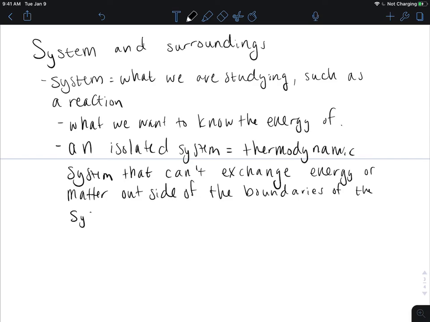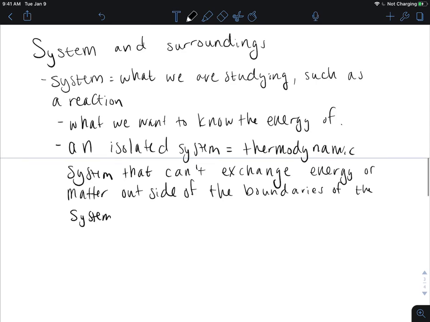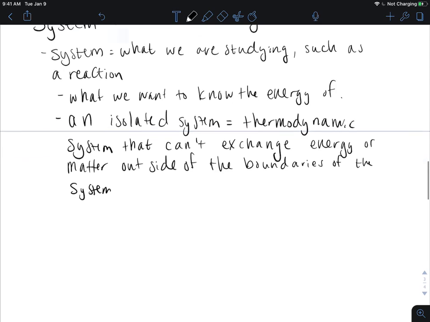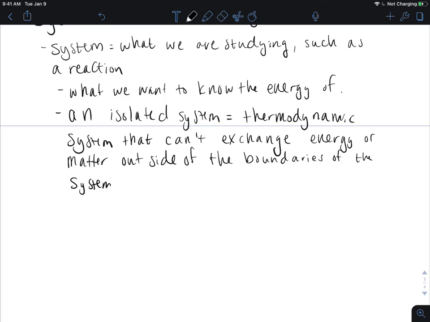This is not something that we really can accomplish. An attempt at this is like a thermos. So a thermos is an attempt to do that.